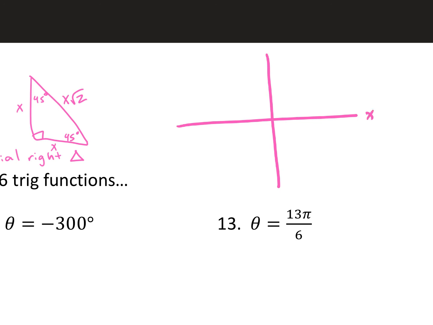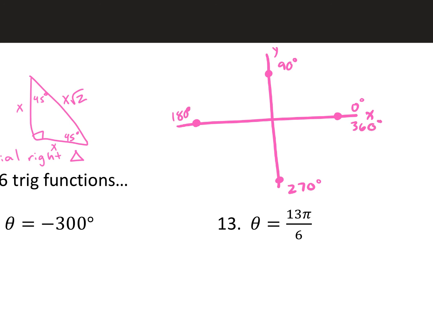So we have the x-axis and y-axis, just like how we had on the unit circle. So we have to think back to the unit circle. It could be any one of these 4 points. So remember, this is 0 degrees, 90 degrees, 180 degrees, and 270. And this is also 360.